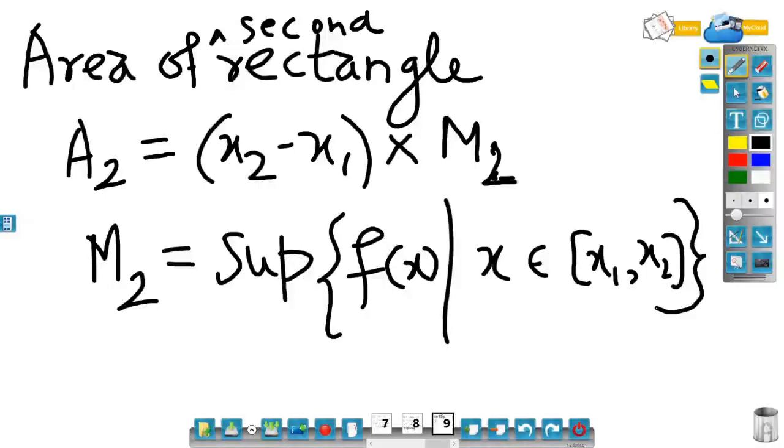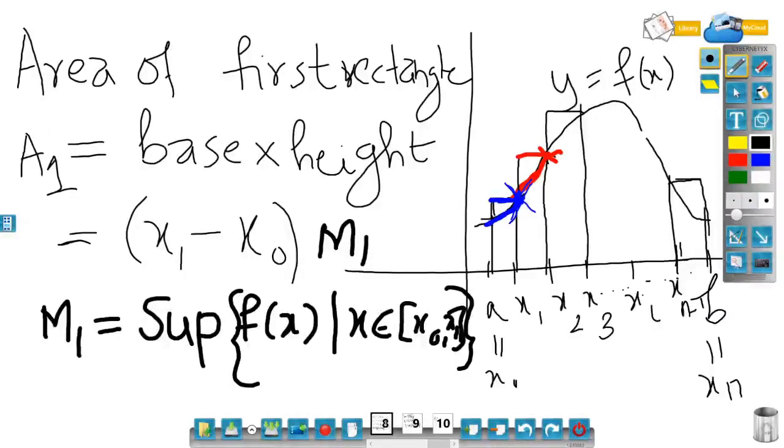Right, so let me have one more. If I want to write down A3, you can easily guess from the graph, it will be this rectangle, and the base is x3 minus x2 and the height is m3.